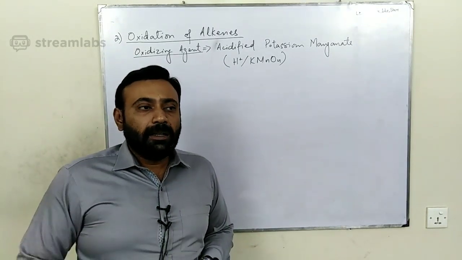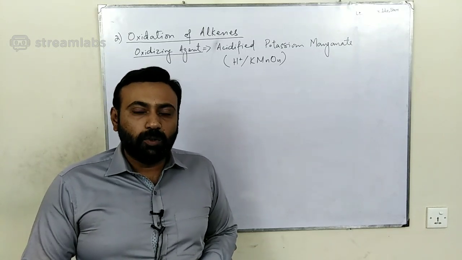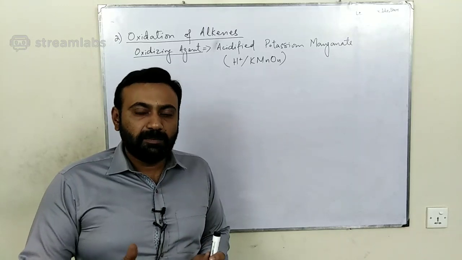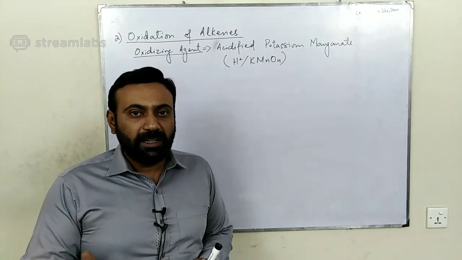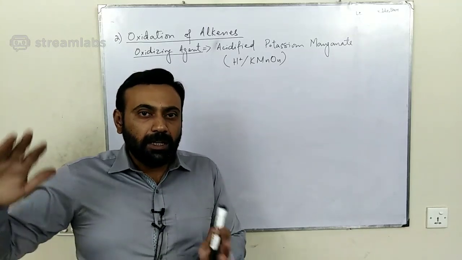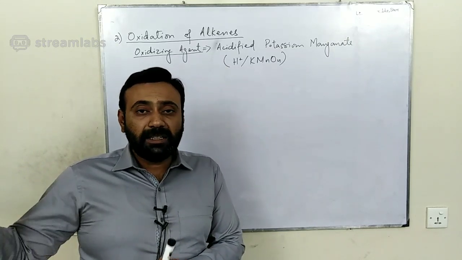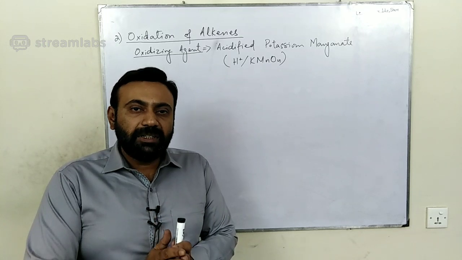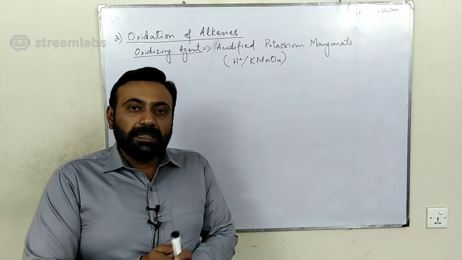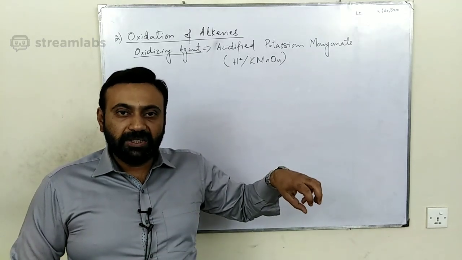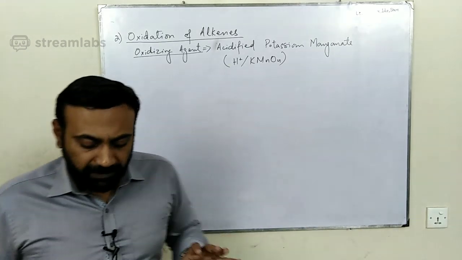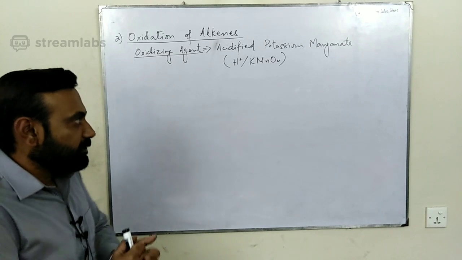Like aldehydes and ketones, they do undergo addition reactions, but their addition is not electrophilic addition, it is nucleophilic addition. You will study that in your segment of aldehydes and ketones. For now, all the addition reactions of alkenes have the electrophilic addition mechanism.